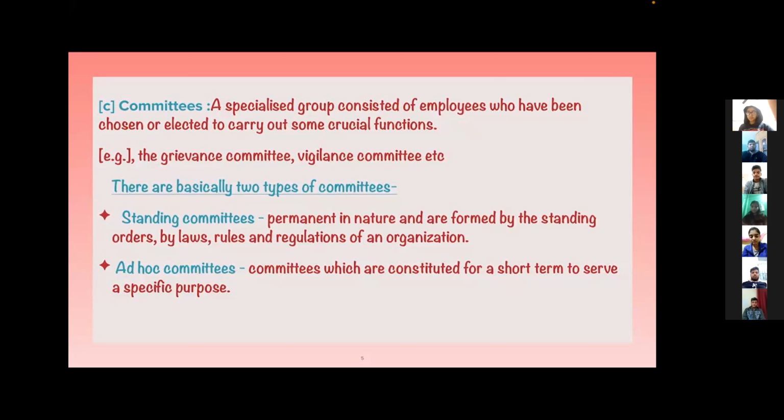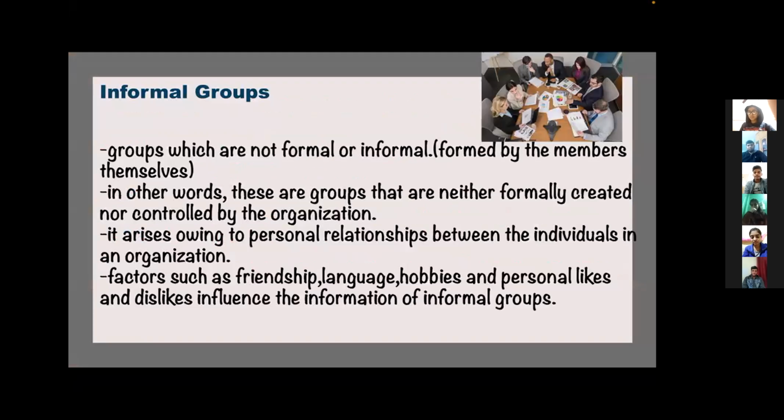Now moving towards informal groups. Informal groups are not created by the organization. They arise due to personal relationships between individuals having certain same factors such as friendship, language, hobbies, personal likes and dislikes. The informal groups also have subtypes.